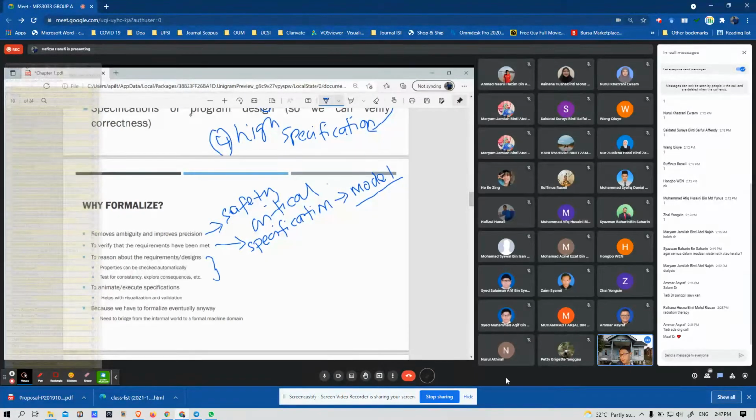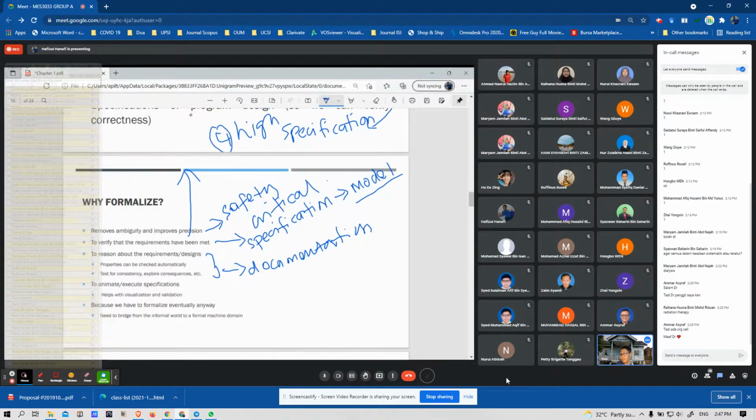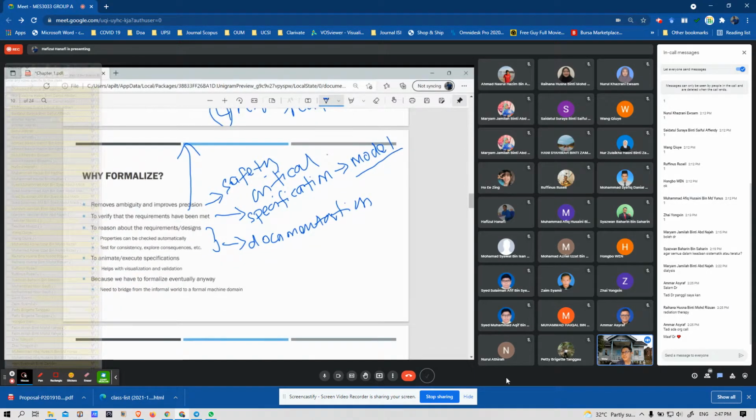Documentation, from the high specification. Properties can be checked automatically. This is the benefit of the documentation.